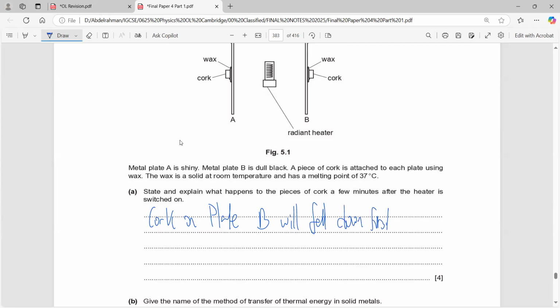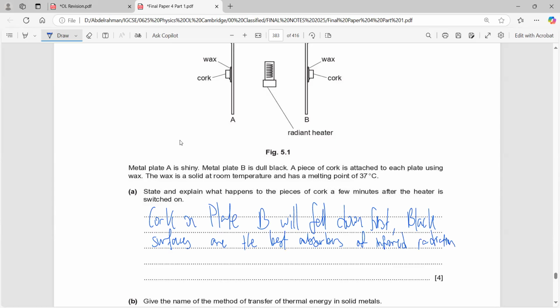Why? Because black surfaces are, in this case, you have to say, the best absorbers of infrared radiation.